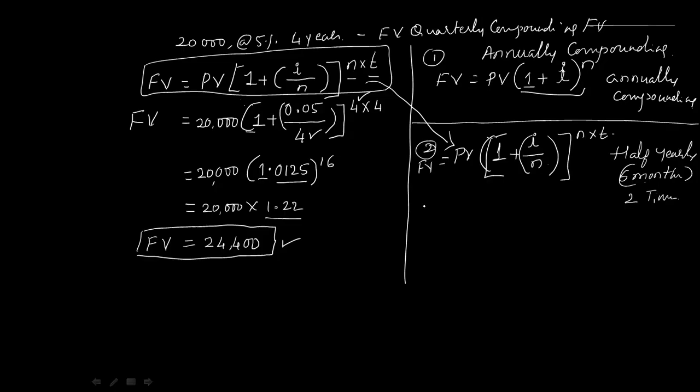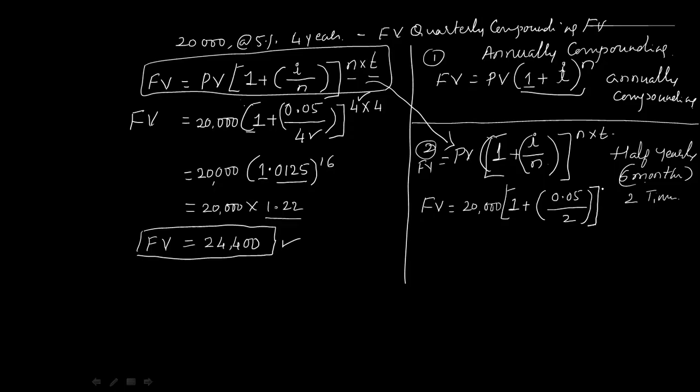FV is equal to, take the same amount, 20,000 multiplied by 1 plus I, how much is it? Same, 0.05. N becomes 2 here.